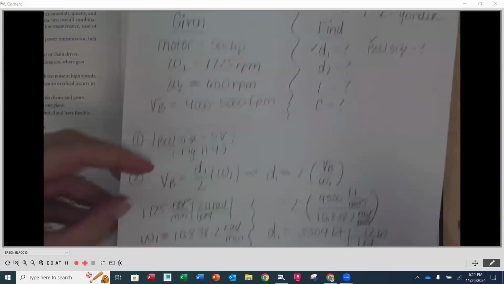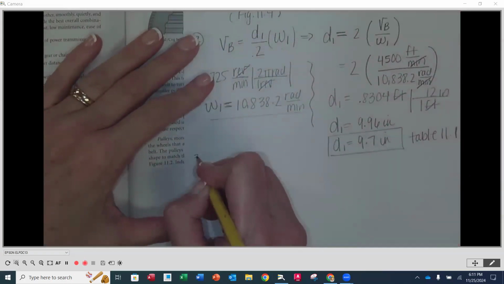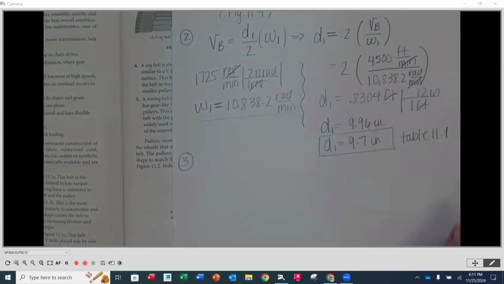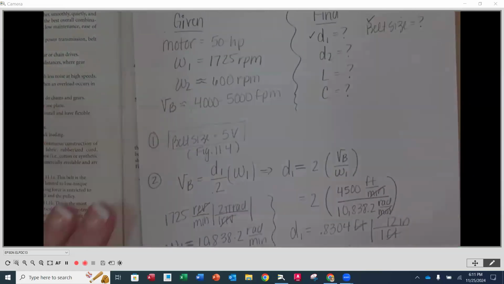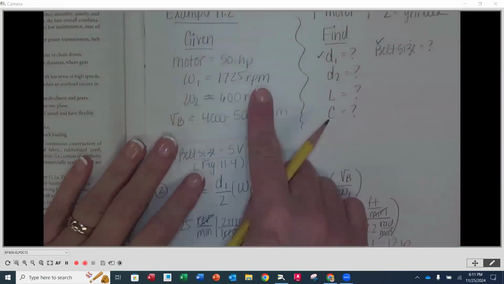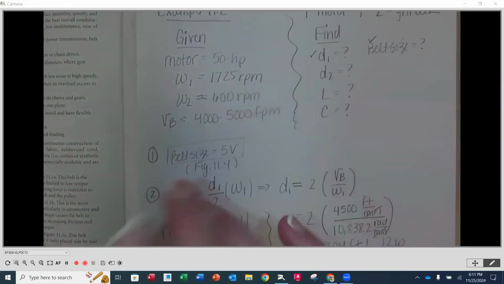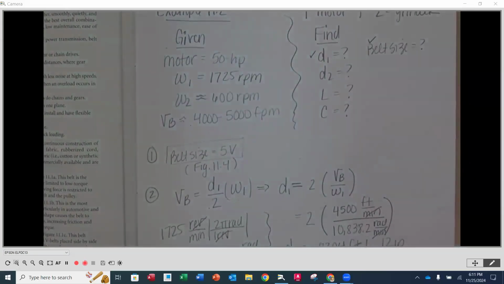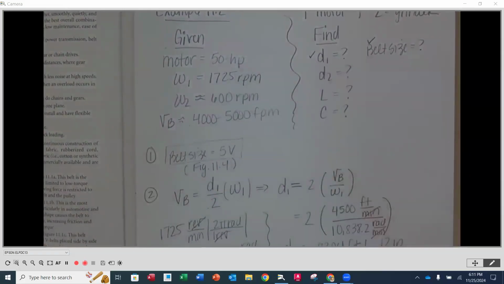Okay. Our D2. So step number 3 then is going to be finding that D2. So we know a couple things here. We know that our input is the 1725 RPMs and that we want to achieve about 600 RPMs on our output, right? We know what our diameter, number 1, is. We just picked it, okay?